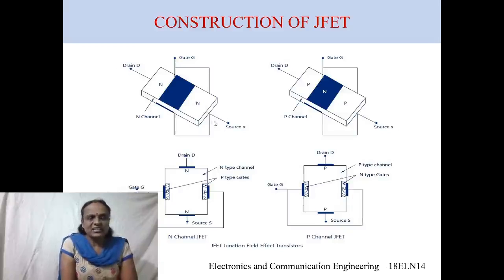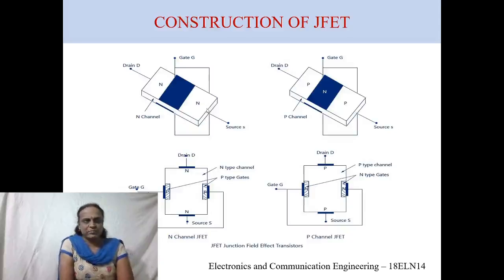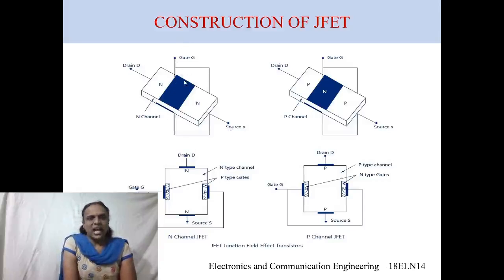The gate terminal is analogous to the base of the ordinary BJT. It is used to control the flow of current from source to drain. Remember, from this silicon bar in between you take out the gate, and this gate terminal is used to control the flow of current from source to drain.